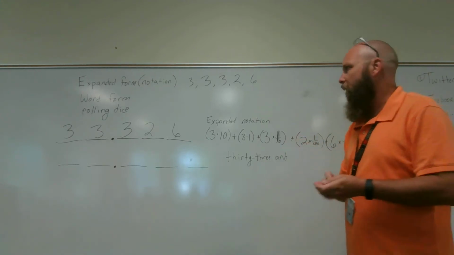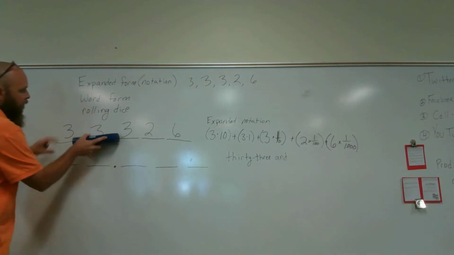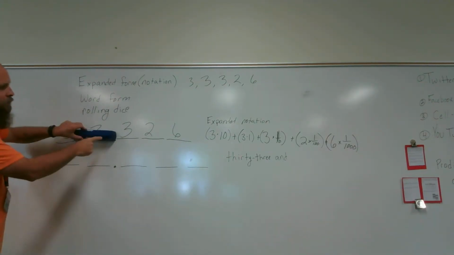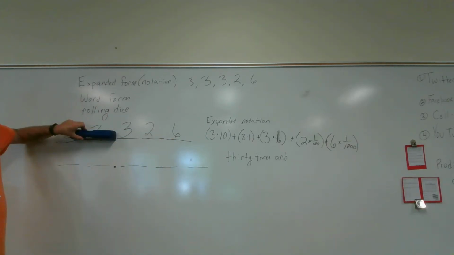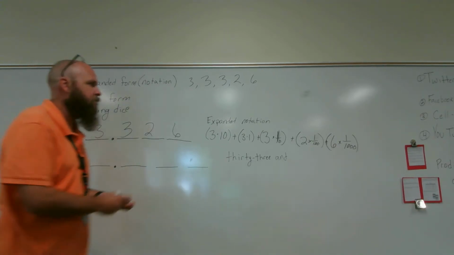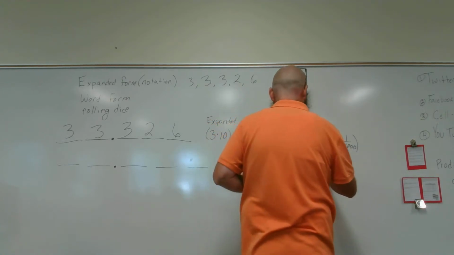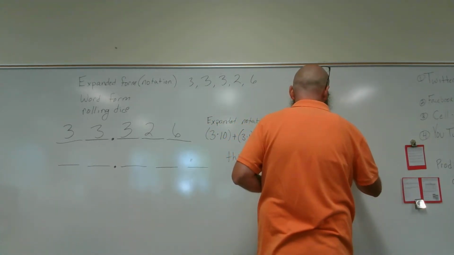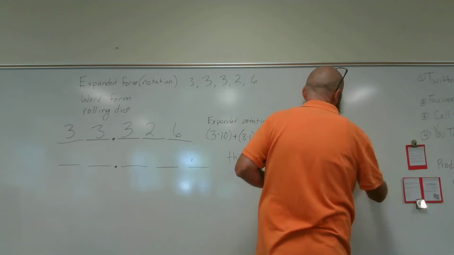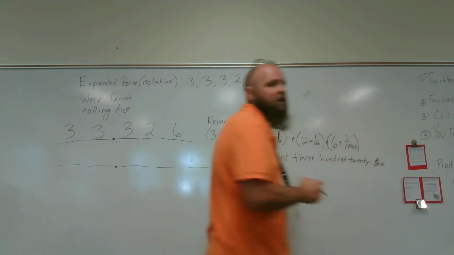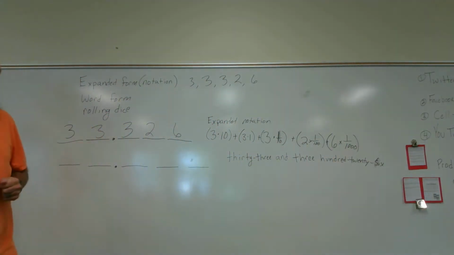Now I want you to pretend like none of this is here. How would you say, I have this much money? Just ignore, there's no decimal. It's just the number 326. How would you say that? And then what place value is the 6 in, Ashley? Thousandths.